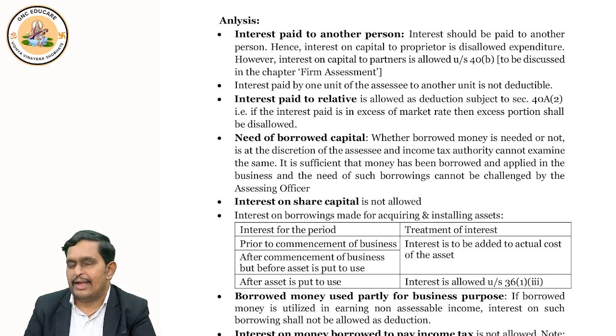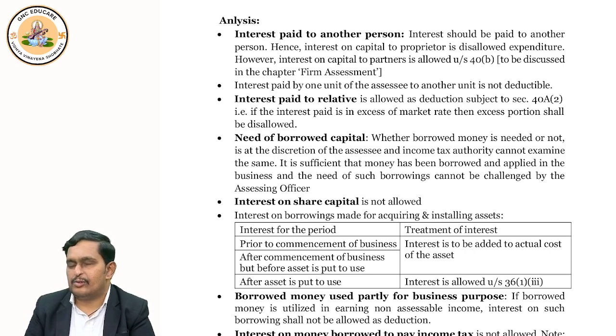Okay, very good. Now, suppose you took a loan for your business, but you used the loan money partly for business and partly for your personal purpose. Now tell me what to do. Can you deduct entire interest paid?